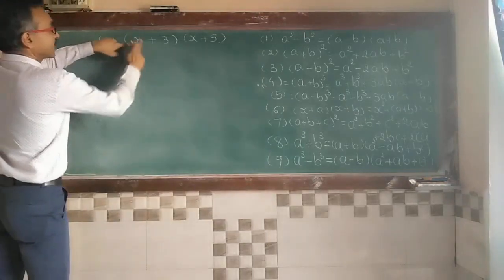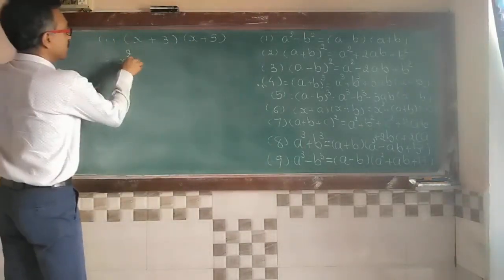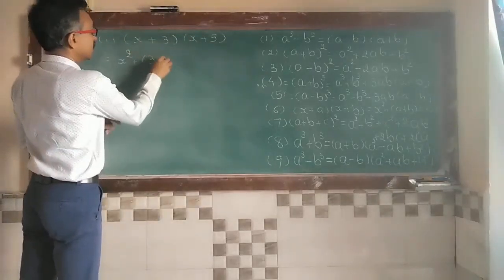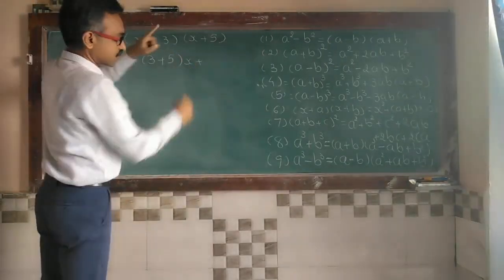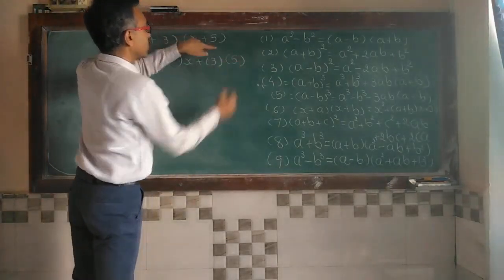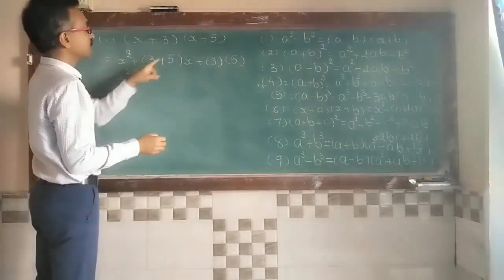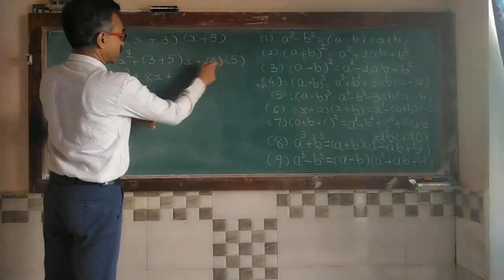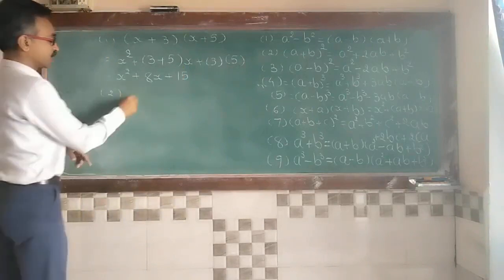So see here, x square, that is x square, plus a plus b, what is a? 3 and b is 5. So here 3 plus 5 into x, plus a into b, a is 3 and b is 5. So the answer is x square plus 3 plus 5, 8, 8 into x, that is 8x, plus 5 3s are 15.